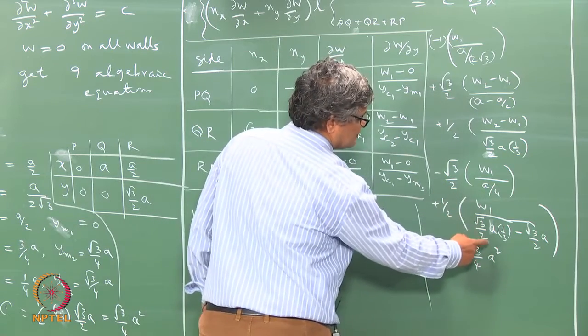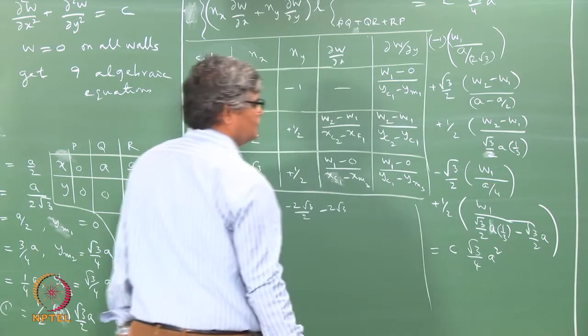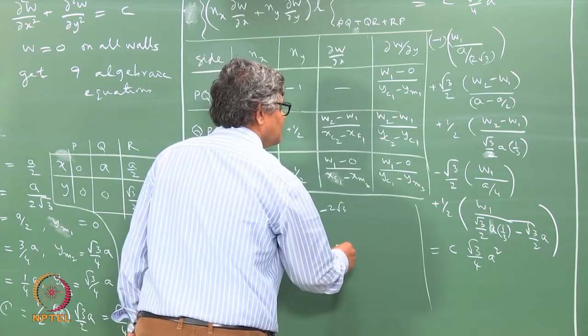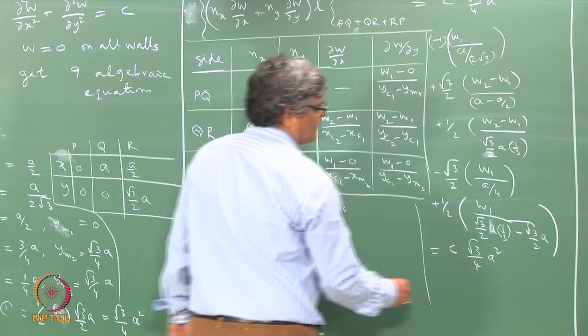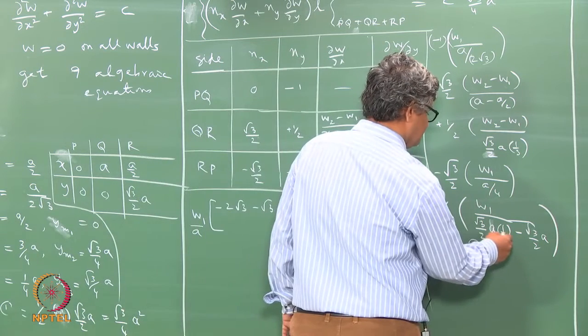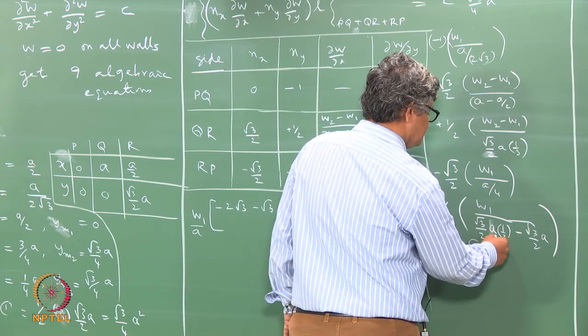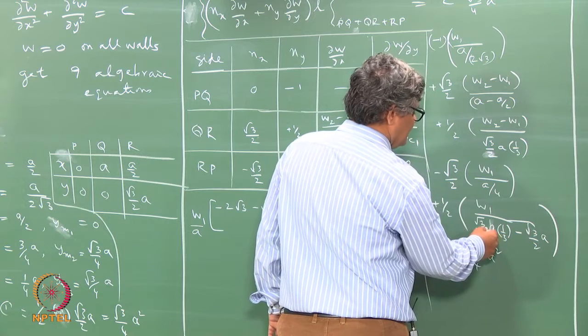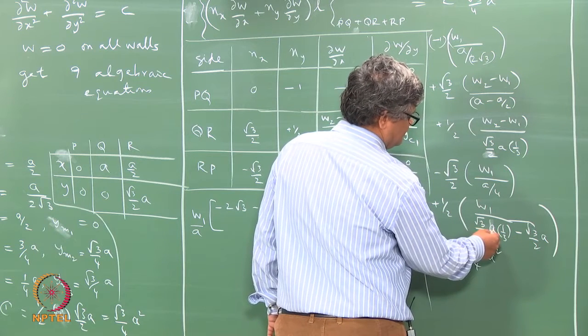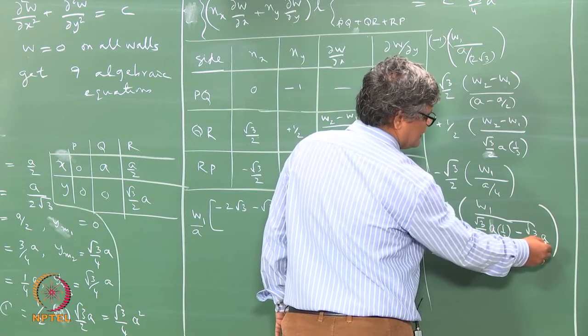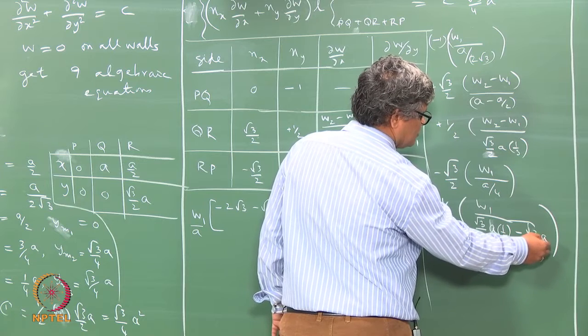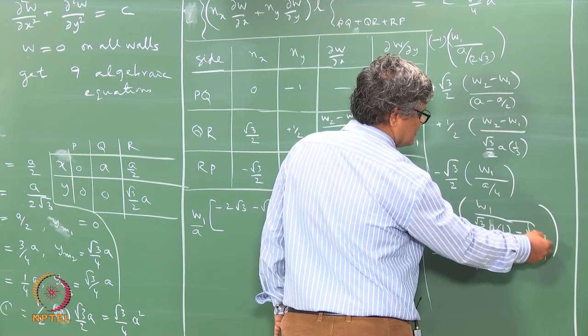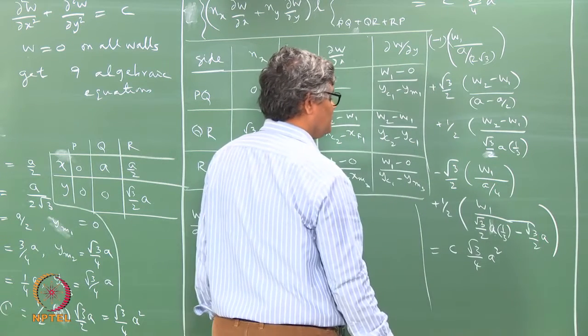And here we have a by 3 and this is a, so this is minus 2a by 3. So this will be 1/3 of 1 by square root of 3.